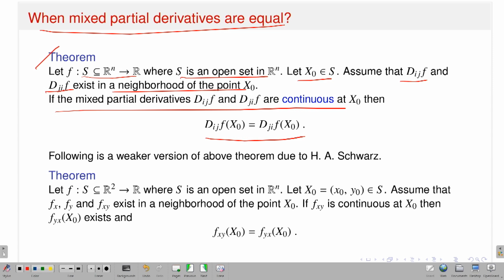So what is my theorem? It says that not only does the existence of mixed partial derivatives allow you to talk about the equality of their values, but continuity is needed as a sufficient condition. That means I need two things. First, the mixed partial derivatives should exist in a neighborhood of the point x naught, because I need the continuity of the mixed partial derivatives at x naught.